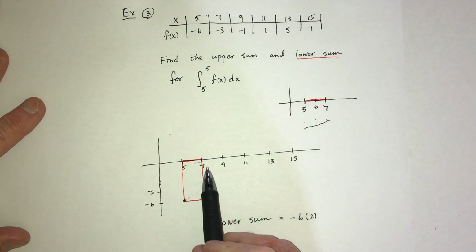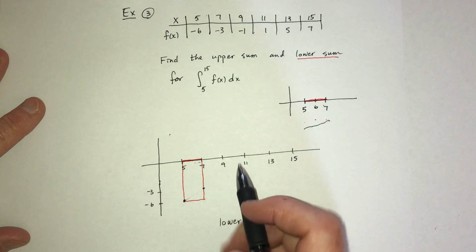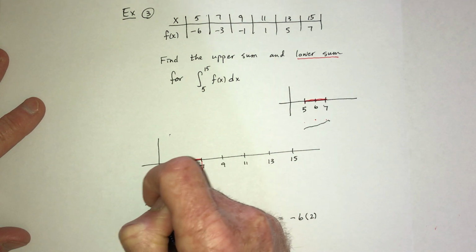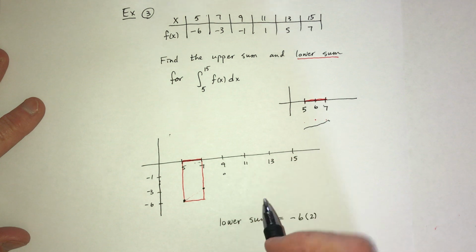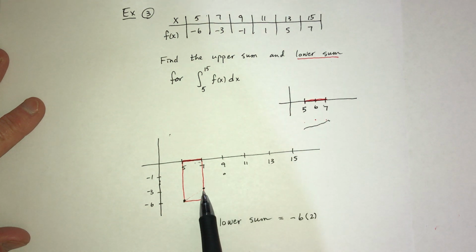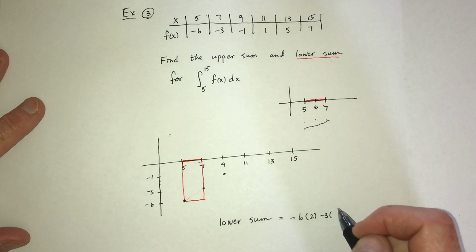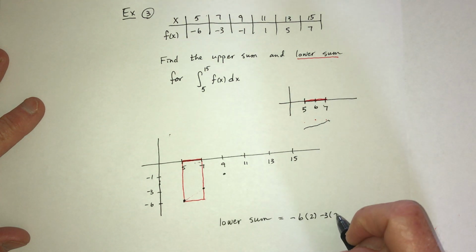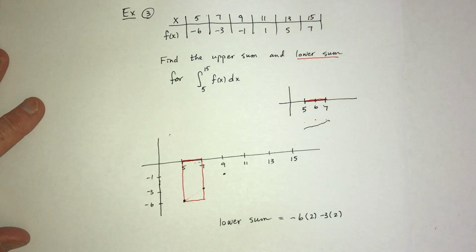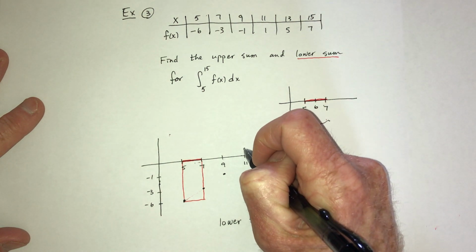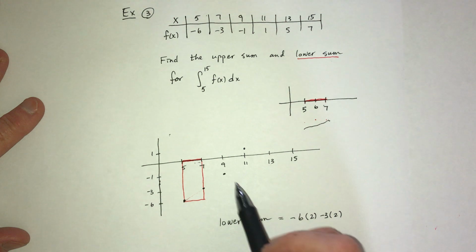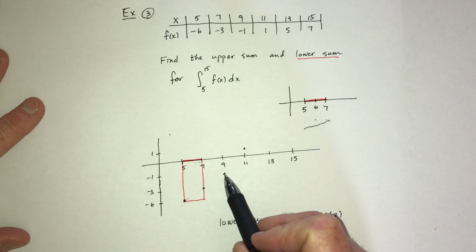So then move on to the next interval, which goes from 7 to 9. For 9, it's at -1. And so between 7 and 9, this is the lower one. So then we're going to use -3, and its width is 2. And then between 9 and 11, 11's dot would be right here at 1. And so for this interval from 9 to 11, the lower one out of these two is this.